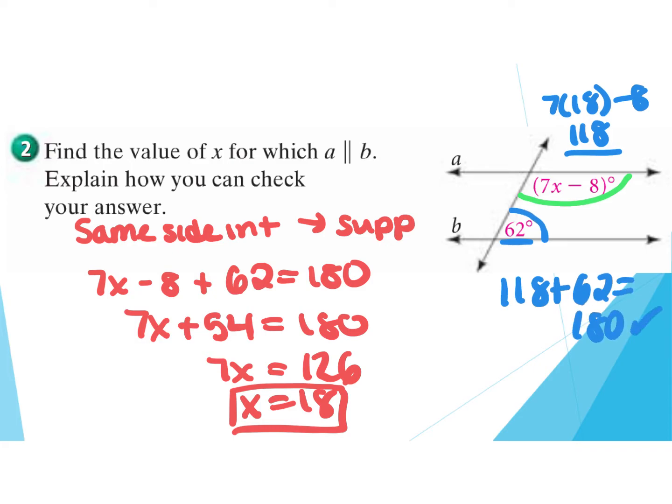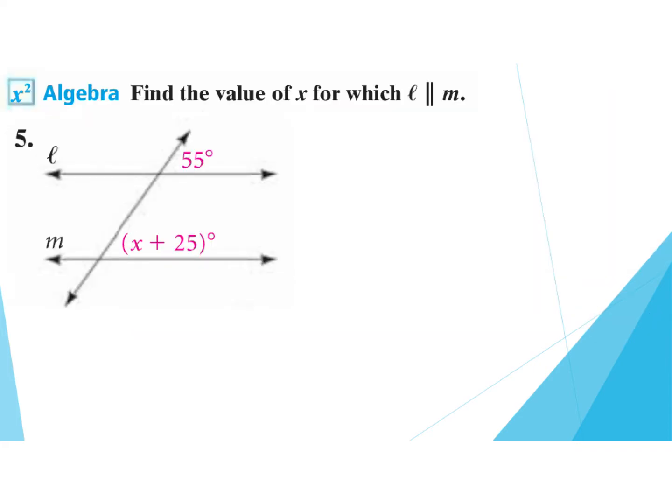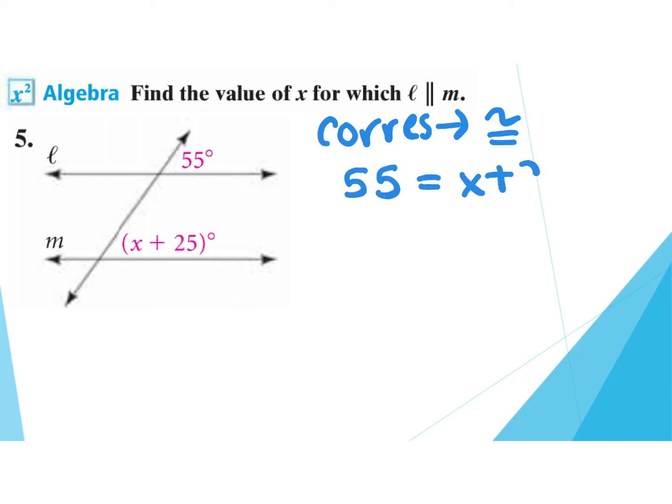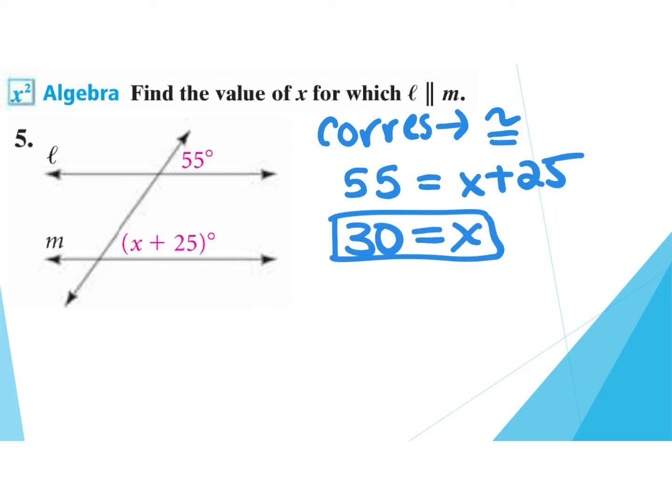So your answer is correct. For the next one, the angles should be corresponding. So we want them to be congruent. So I could say 55 equals x plus 25 to get 30 equals x would give us the angles are congruent.